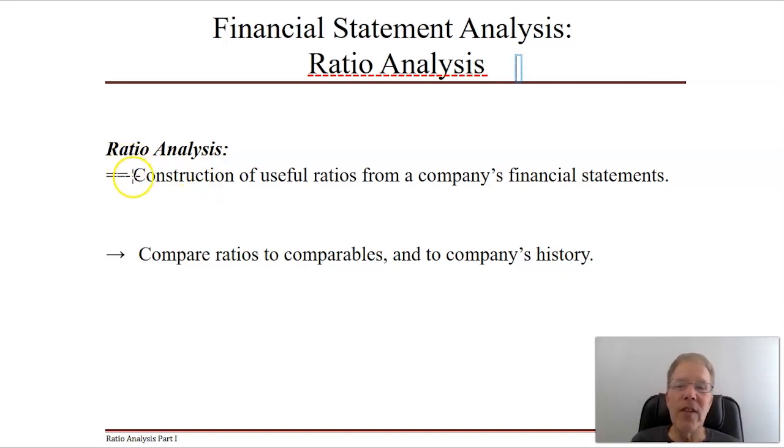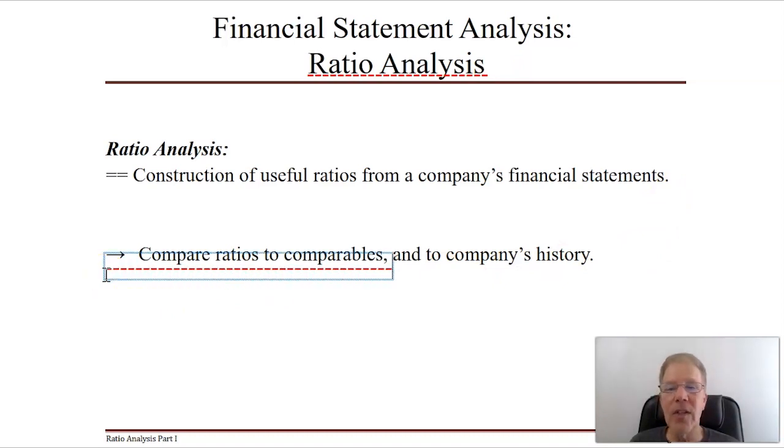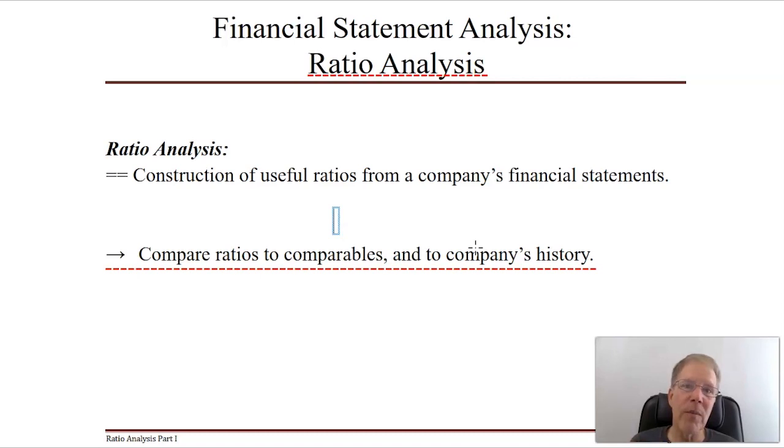So ratio analysis is just defined to be the building up of useful ratios from a company's financial statements. That's it, okay? And when we do ratio analysis, we're always going to be wanting to look at a company's ratios versus its comparables, right? Its competitors who are only in the same lines of business, and to the company's history. Are we improving? Are sales getting better? Are profits getting better? That sort of thing.